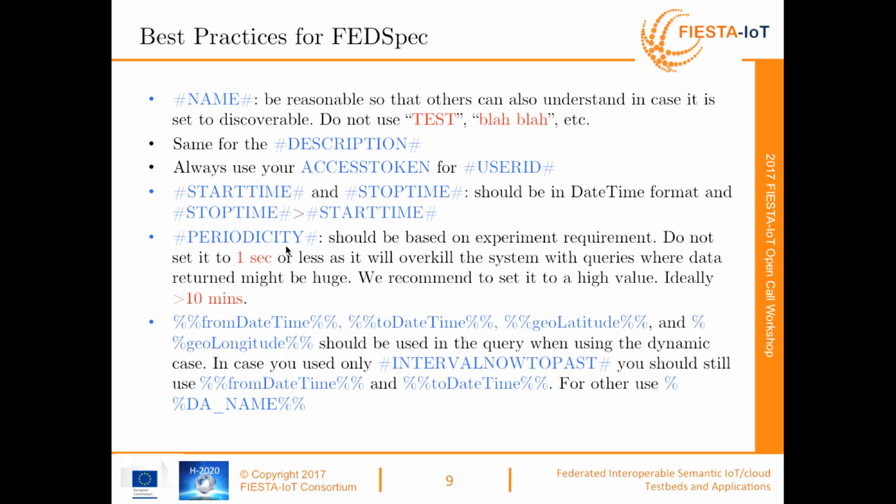Also, you might get the same data again and again because some testbeds are not producing data at this rate. So we would recommend you not to use a periodicity value which is less than 10 minutes. Okay, so it should be more than 10 minutes.